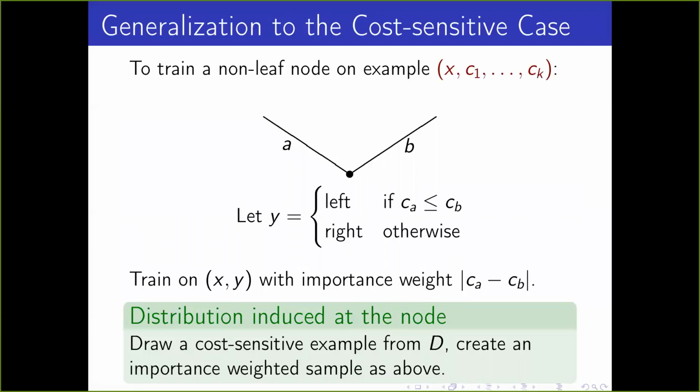So we want to train, let's say that we're not at a leaf node, and we have a bunch of costs for every class, and we want to train to predict whether to go left or right at this internal node.